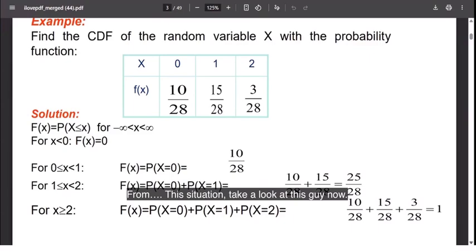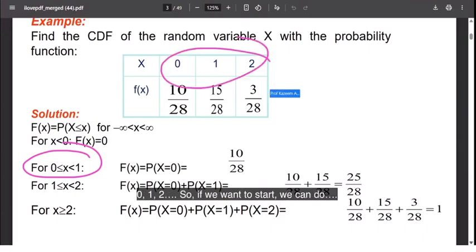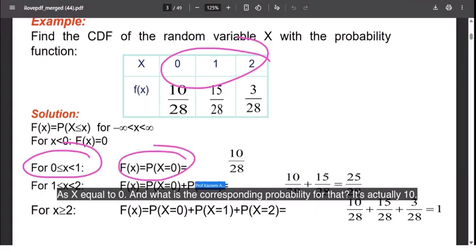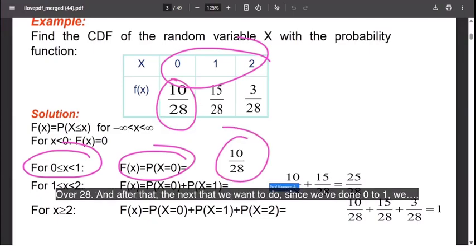Take a look at this one. That is only talking about s equal to 0, because if you look at the state space, 0, 1, 2. So if we want to start, we can do 0 less than or equal to s less than 1. And I want to believe that is the same as X equal to 0. And what is the corresponding probability for that? It's actually 10 over 28.